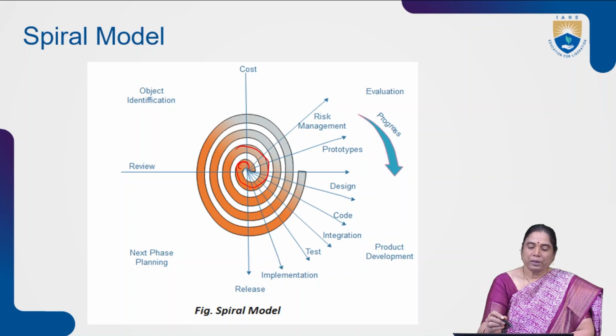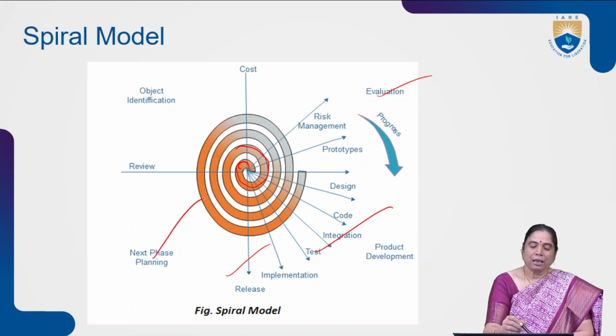So here the risk management prototype has to be concentrated in the evaluation, and design, code, integration, test, implementation, product development is the second phase, so that the release of the software can be performed.